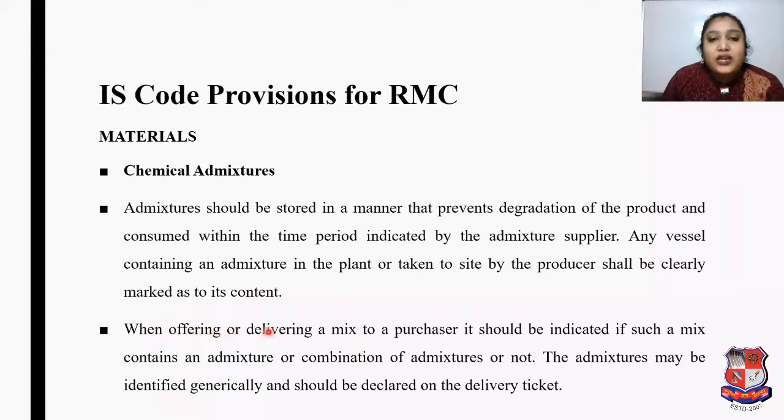When offering or delivering a mix to a purchaser, it should be indicated if such a mix contains an admixture or combination of admixtures or not. The admixtures may be identified generically and should be declared on the delivery ticket.